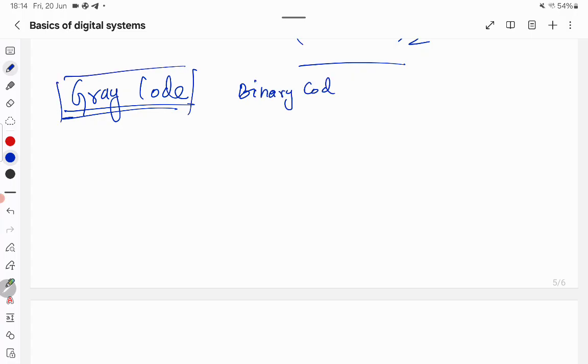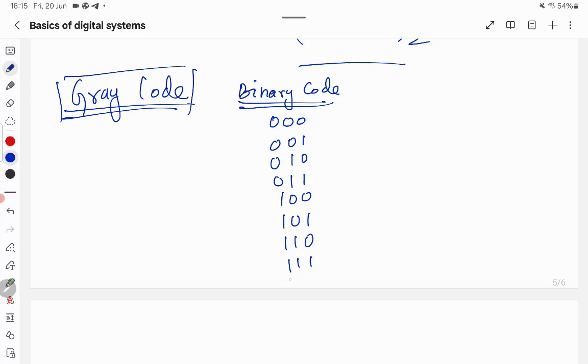If you see the binary code, you can write 0 0 0, 0 0 1, 0 1 0, 0 1 1, then 1 0 0, then 1 0 1, then 1 1 0, 1 1 1. But if we write the gray code here, you will write 0 0 0, 0 0 1, then 0 1 1.